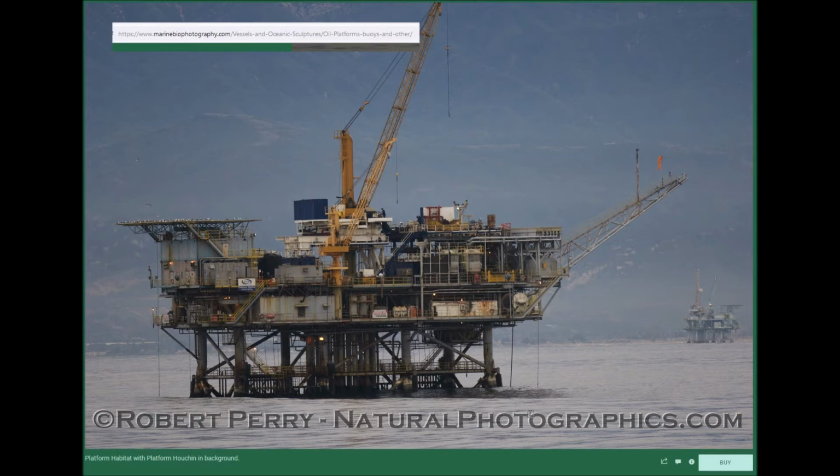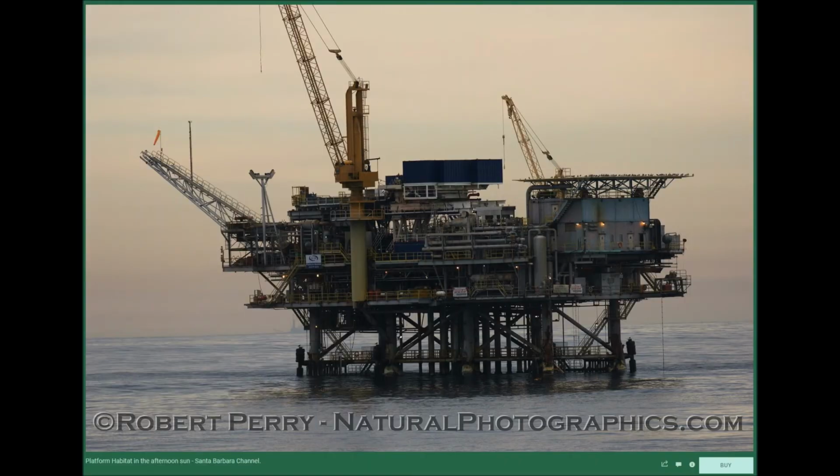In this photo of platform habitat, we see the boat deck, and we see below the level of the deck a black object on the right side and another similar one on the left side. Now we look at this photo of platform habitat. It's taken from the opposite direction, but it's the same platform.